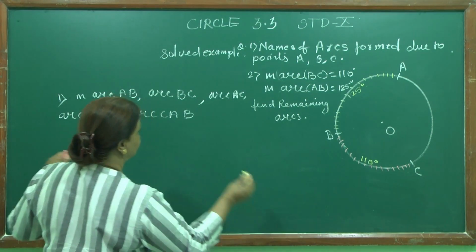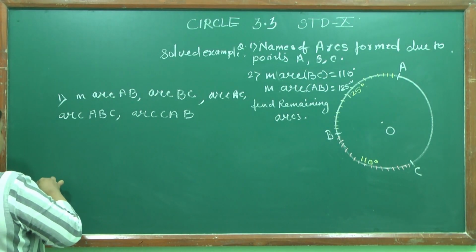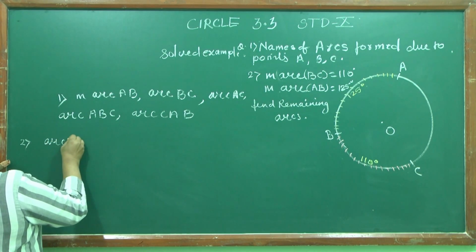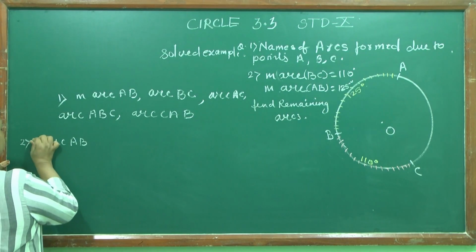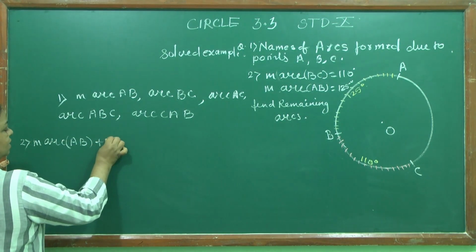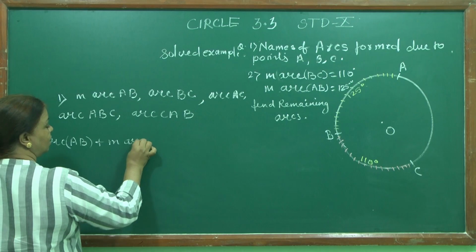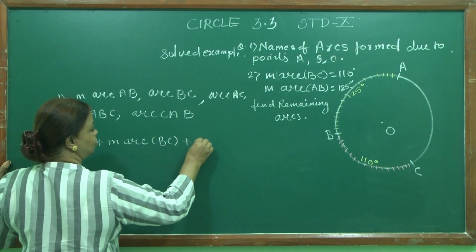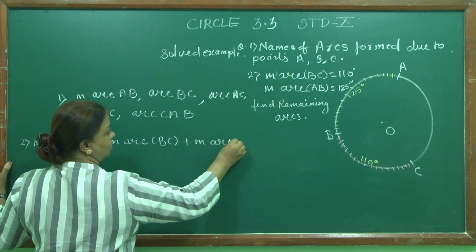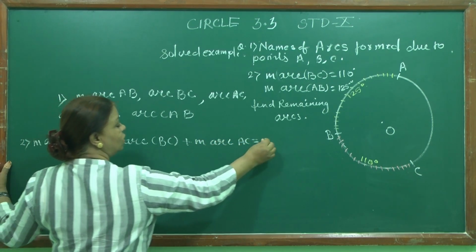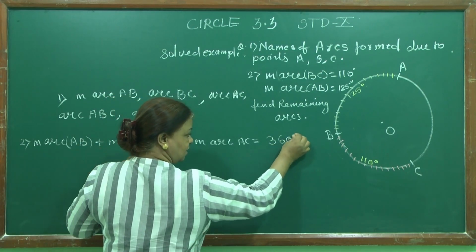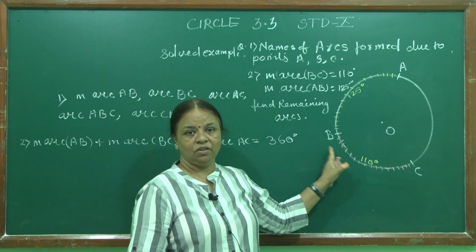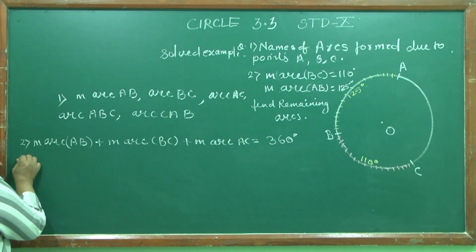Now see children, according to the second question, measure of arc AB plus measure of arc BC plus measure of arc AC will be equal to 360 degree, because the whole circle is of 360 degree. So I can place the values.